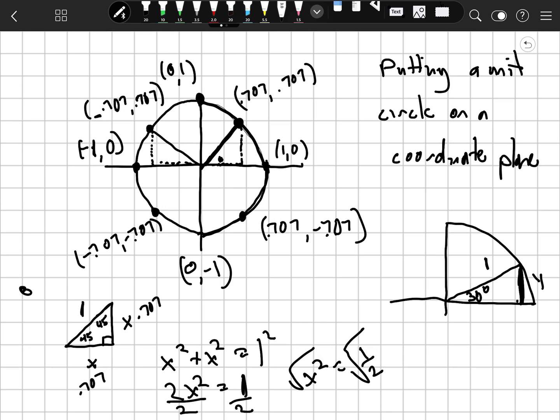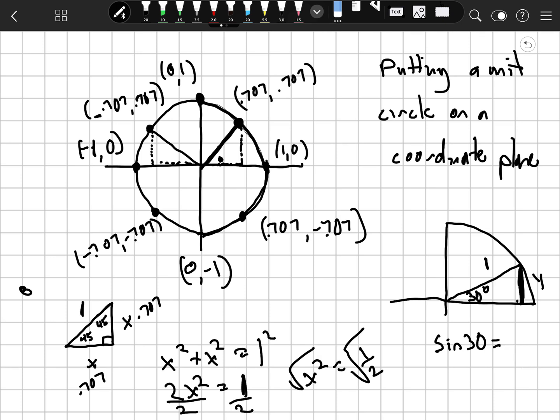And so let's go opposite over hypotenuse. So sine of 30 degrees equals y over 1. It's opposite over hypotenuse.